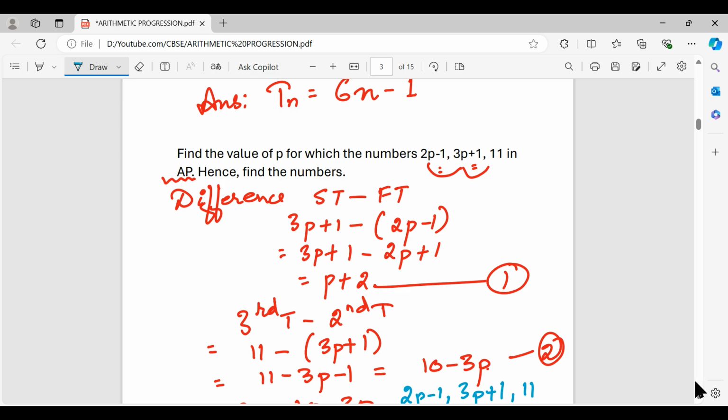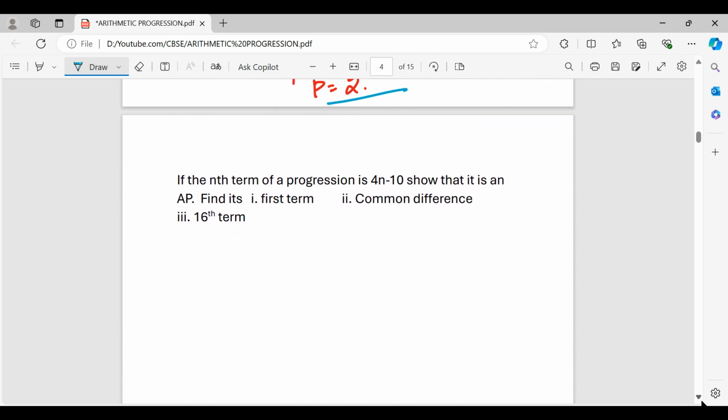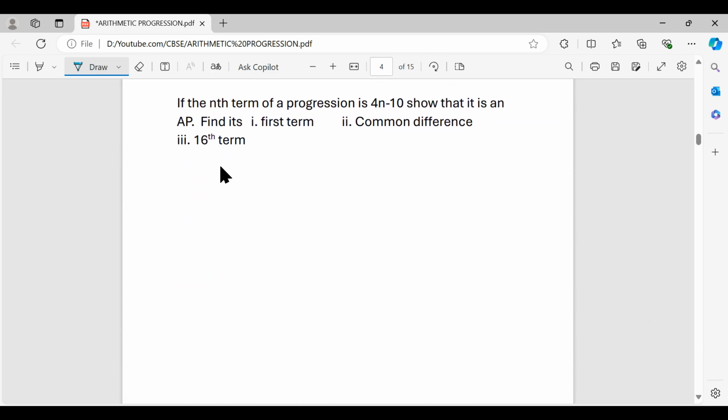Now this question is: if the nth term of a progression is 4n minus 10, show that it is an AP, find its first term, common difference, and 16th term.